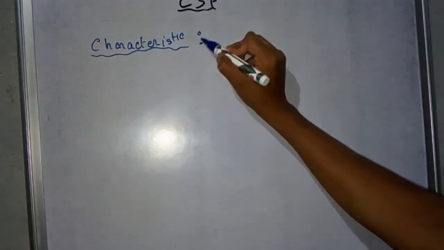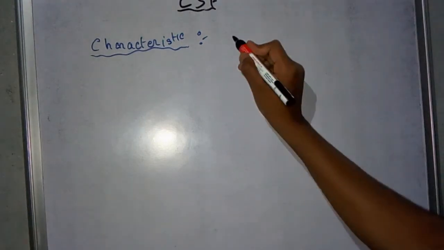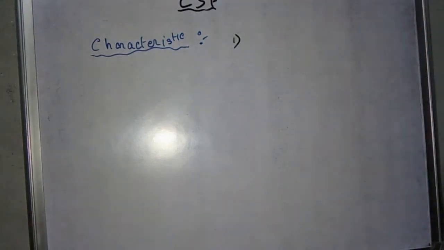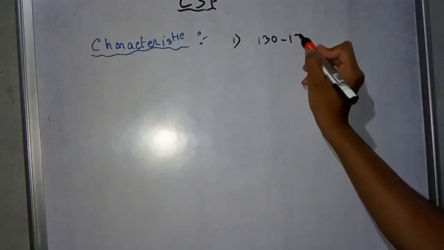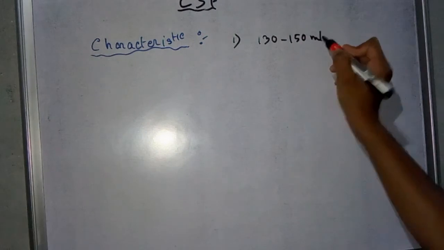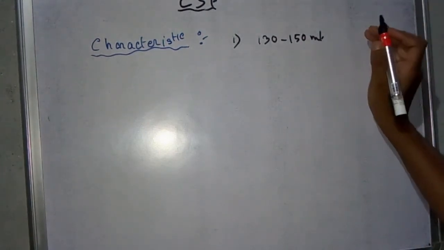Number one, the total volume is 130 to 150 ml. Out of this, 25 ml lies in the ventricle and the rest in the subarachnoid space.